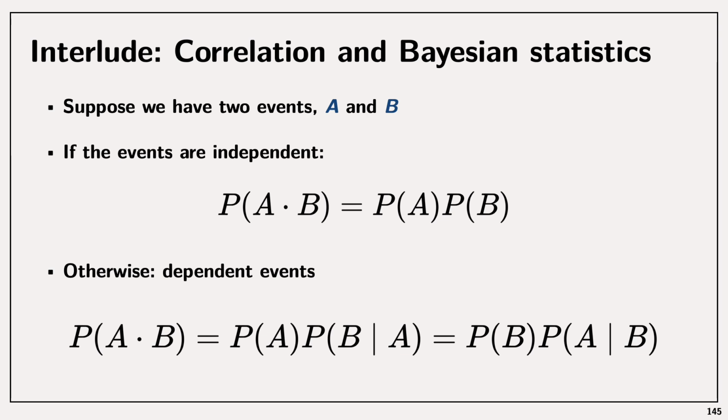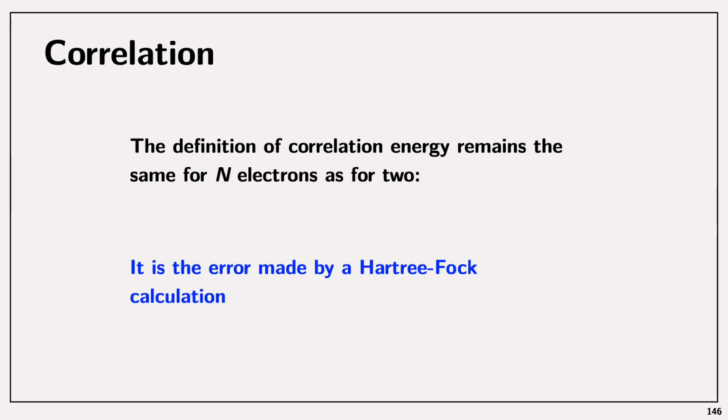Okay, I hope this is clear. You may have to replay this a little bit until you convince yourself, or maybe come up with your own interpretation. Now, the definition of correlation, just for two electrons, is basically the error we make in Hartree-Fock. This is the simplest definition in all of quantum chemistry. Correlation is what we are missing. That's basically what it is.